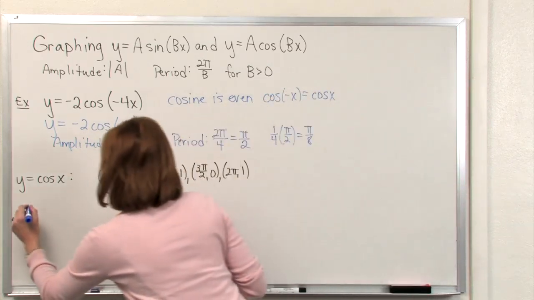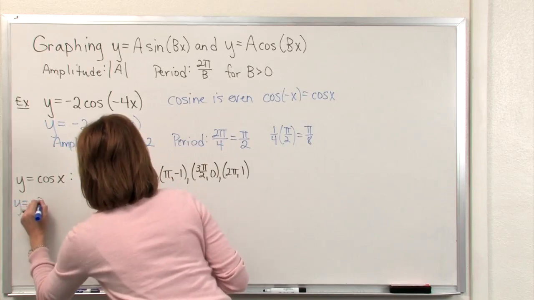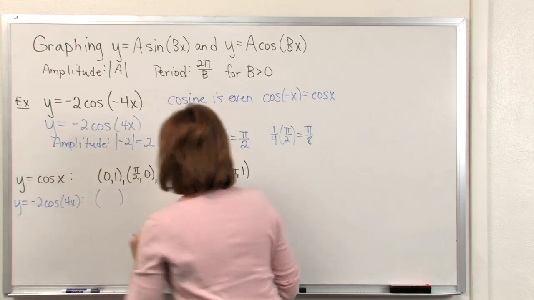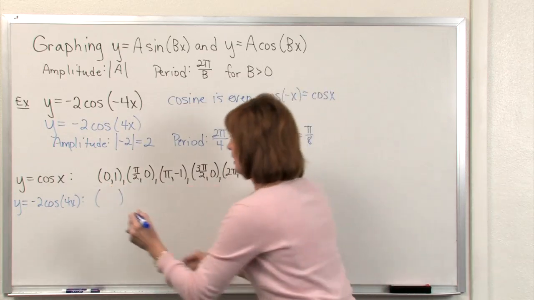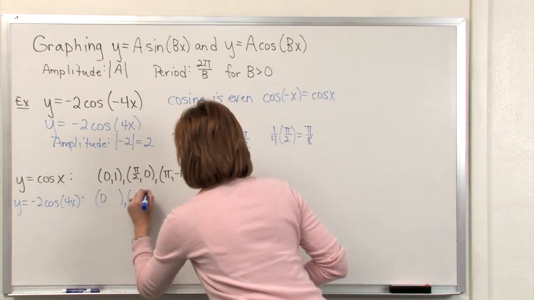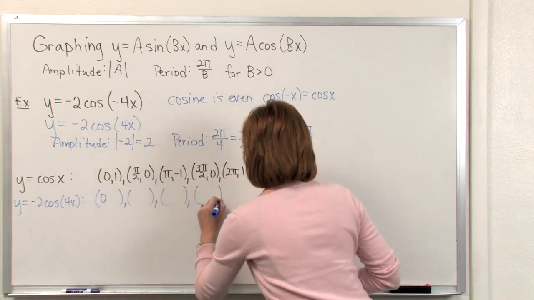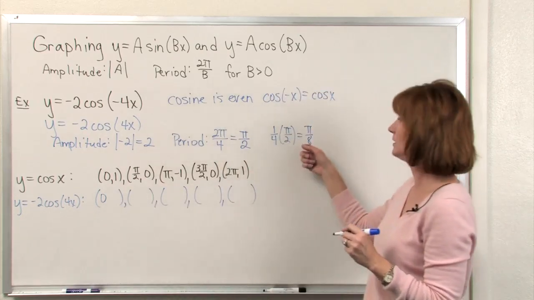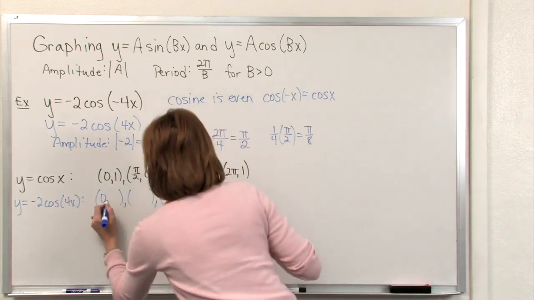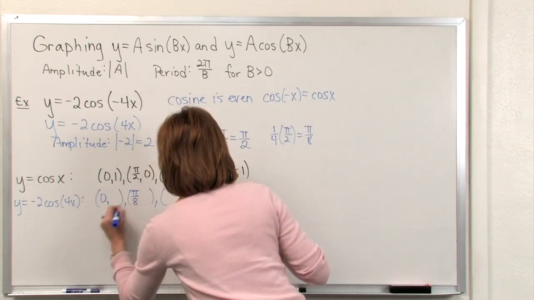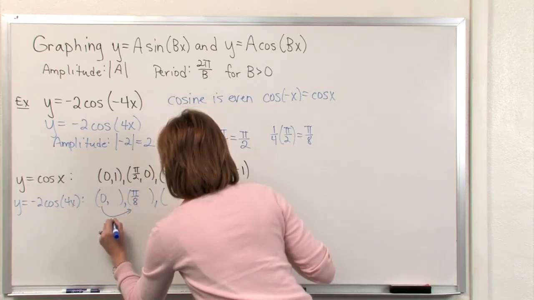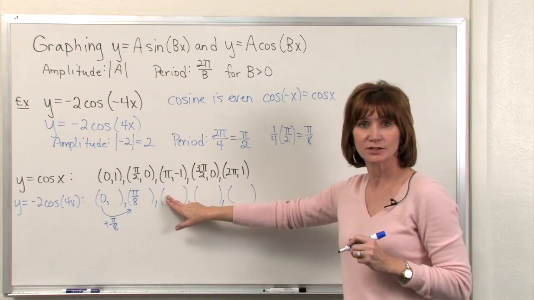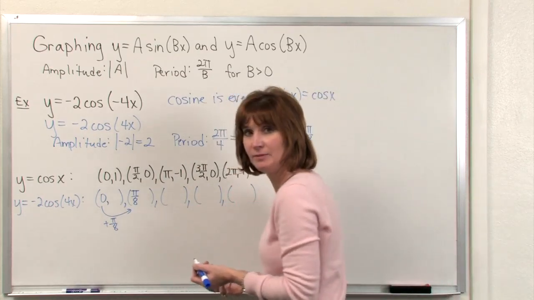So let's write those down. So let's say we have negative 2 cosine 4x. The first x-coordinate will stay 0. Now, what do we add to 0 to get to the next one? You add pi over 8. So this next x-coordinate will be pi over 8. So again, you're adding pi over 8 to each x-coordinate. What's this x-coordinate going to be? Well, what is pi over 8 plus pi over 8?